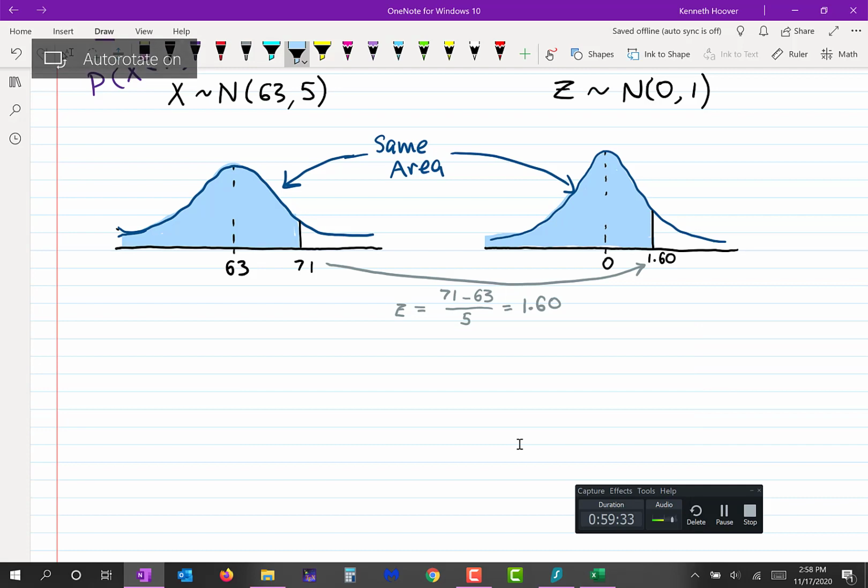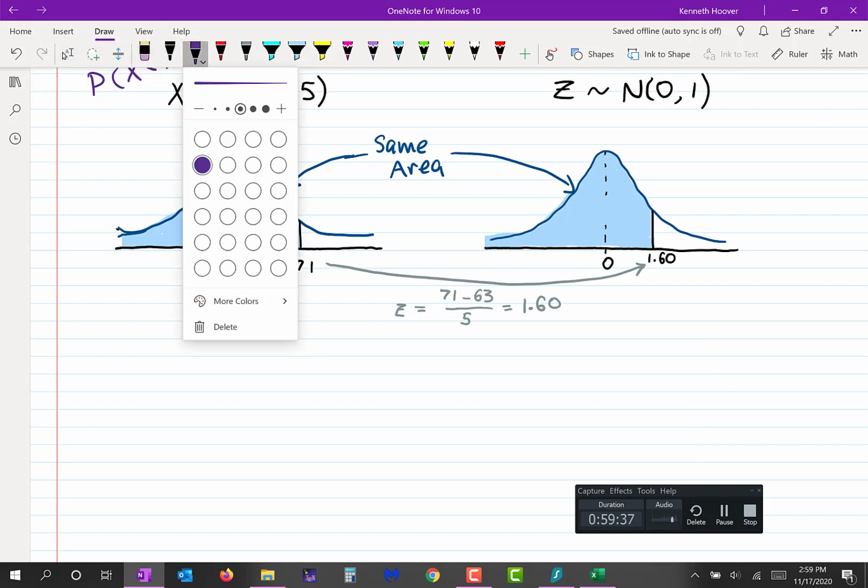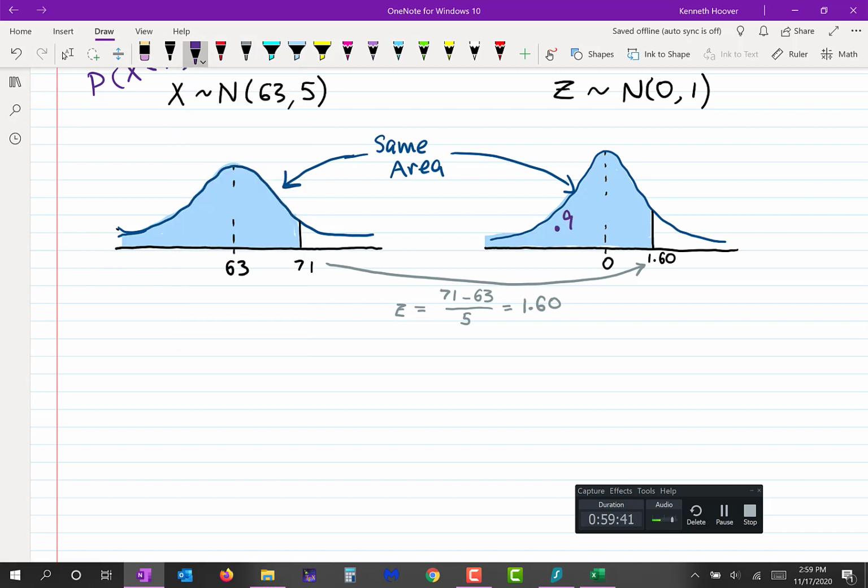So let's write that in. 0.945201. You see, that's much faster, isn't it? Because I don't have to add the extra 0.5. And also, it gives me a more accurate answer, more precise.